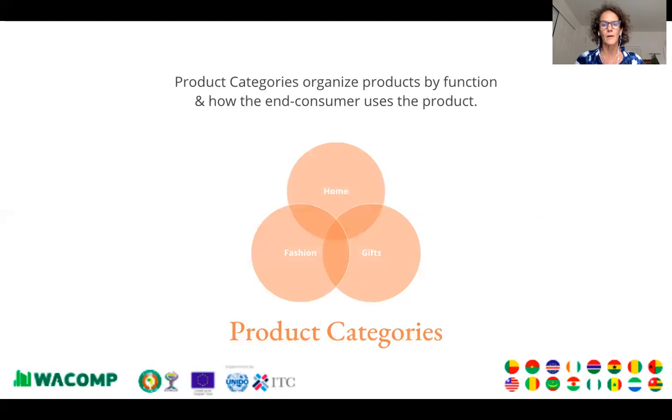Most companies out there are looking for apparel brands that might be made in Ghana. So you see this difference, that you really need to come forward first with the function of the product rather than where it's made. So how a product is used and its function really helps you position yourself in a target market.